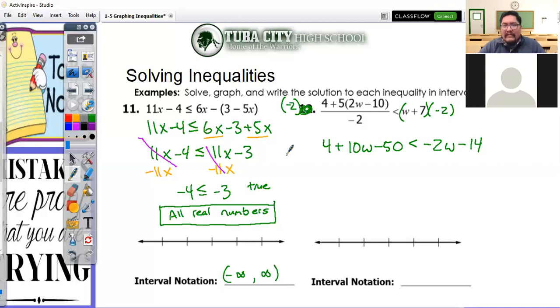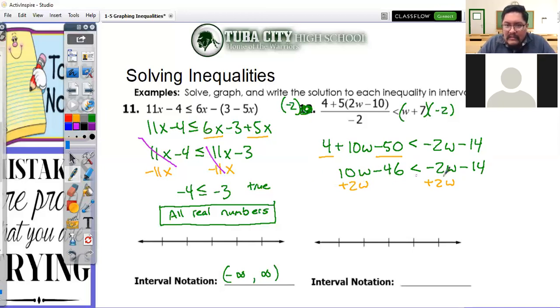All right, so let's go ahead and combine our like terms, which in this case it looks like I do have 2 terms on this side that I can combine. So that'd be 4 minus 50. Now it looks like we have a pretty easy choice to make, because I would just add 2W to both sides.